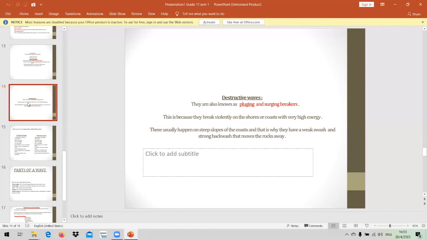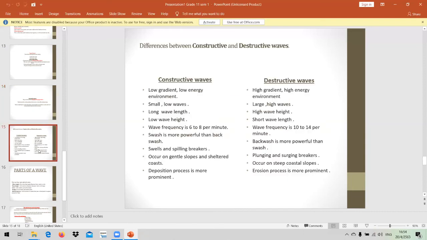The other one we said has very low energy, and here it is very high energy. They usually happen on steep slopes of the coasts, and that is why they have weak swash and strong backwash that move the rocks.